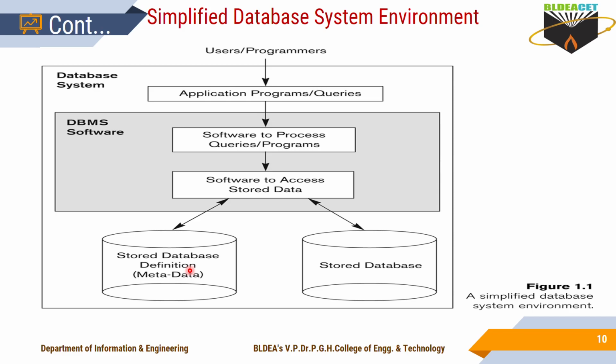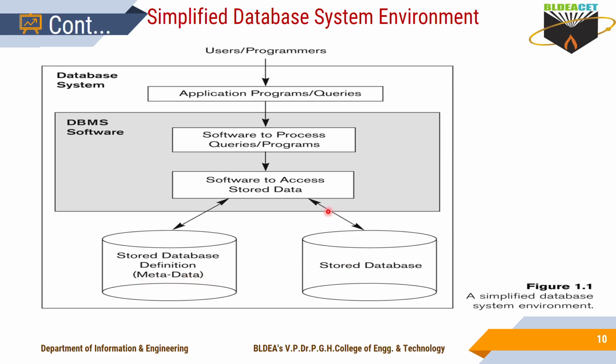Definitions means, for example, the student name and USN, and what is the data type of the student name? It is string type. And what is the data type of USN? Once again string type. The student name and USN and the data types of those two we call the stored data definition, and it is stored in the form of metadata.